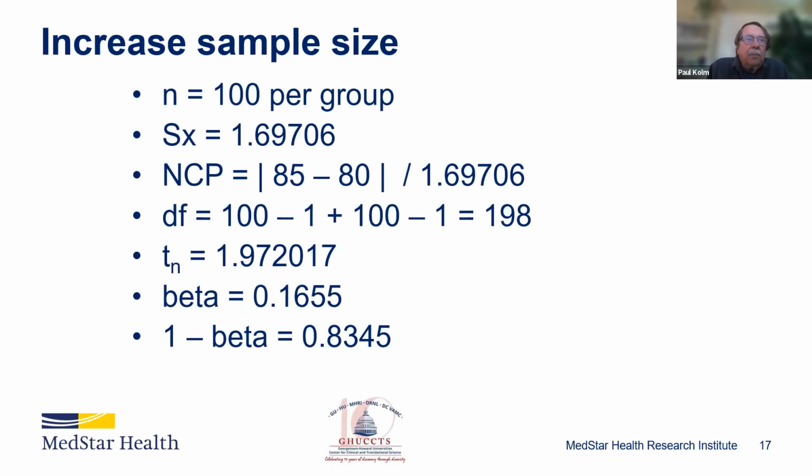So now our beta, our probability of making a type 2 error, is essentially 0.17, and 1 minus that is 0.83, or 83% power. So we've dramatically increased the power of our test by increasing the sample size. This is the primary way, in fact probably the only way, that people increase power: by increasing the sample size in your study.